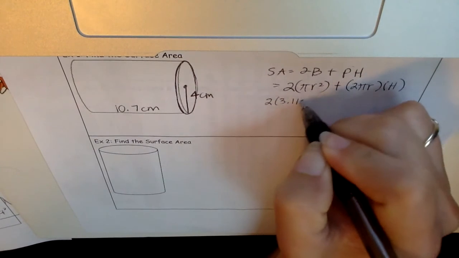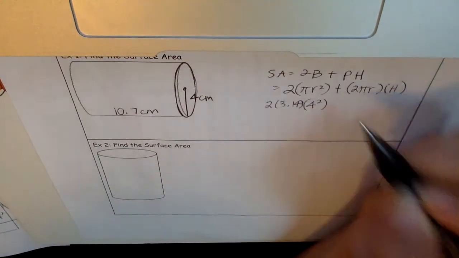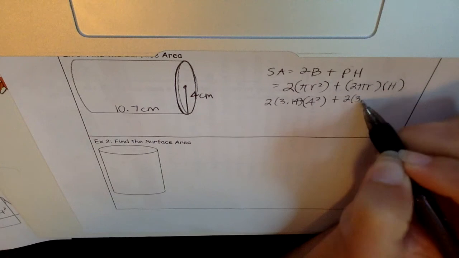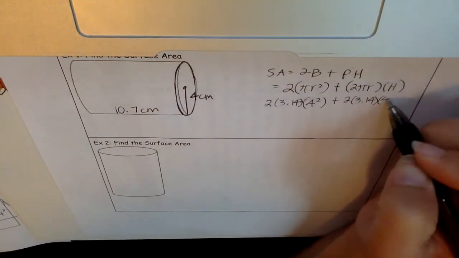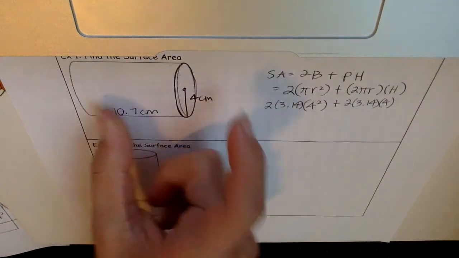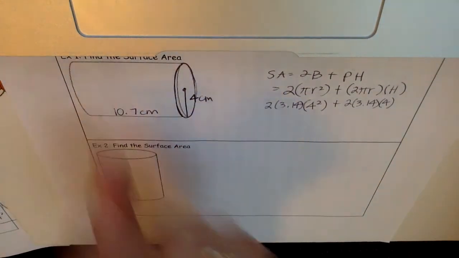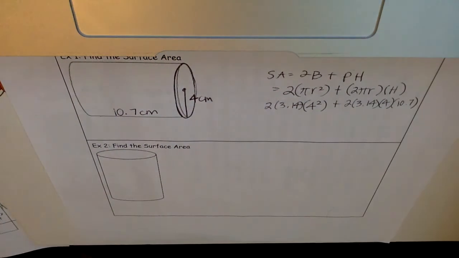2 times 3.14 times the radius squared, so 4 squared, plus 2 times 3.14 times the radius, and then the height of the prism. Remember, if I took the cylinder and I stood it up on its base, it would be 10.7. There are all of my values, and now I'm going to use my calculator to type in 2 times 3.14 times 4 squared.